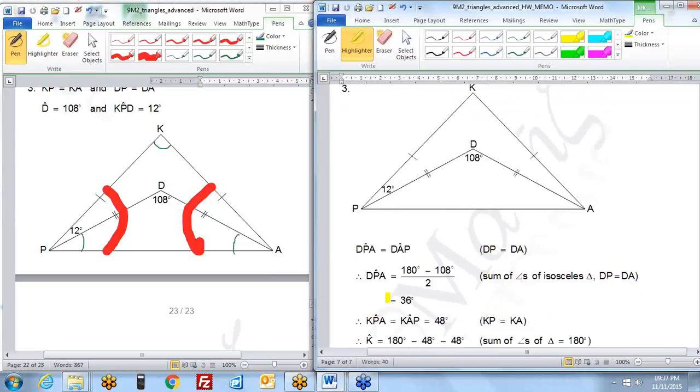And then you say that angle KPA in the big triangle, the one that you see here in red, is equal to angle KAP, which is equal to 48 degrees, because you just determined this one now. 36 plus 12 degrees gives you 48 degrees. So the angle over here, KPA, equals 48 degrees.